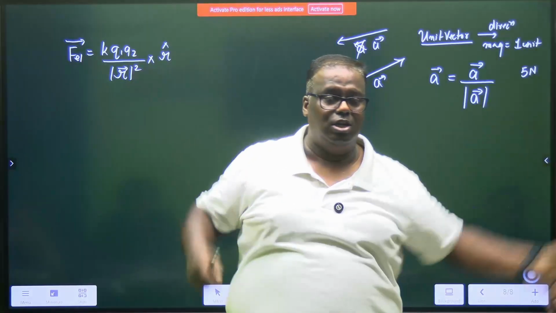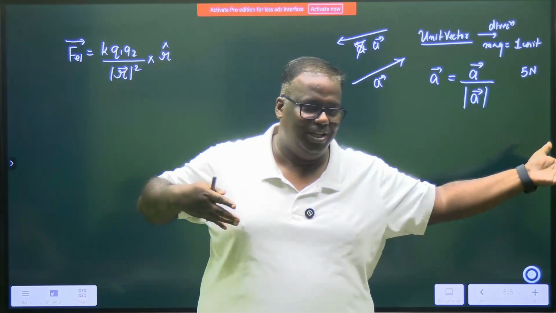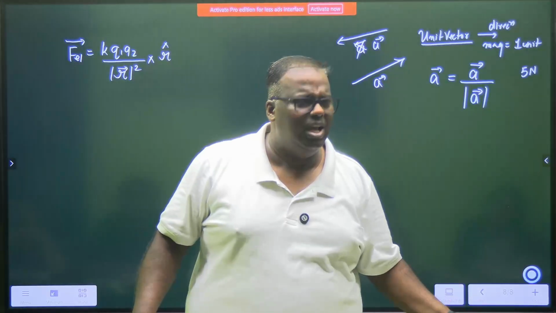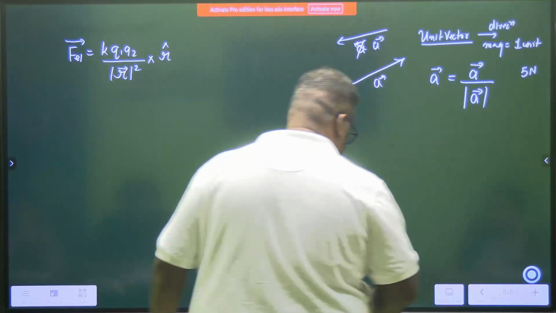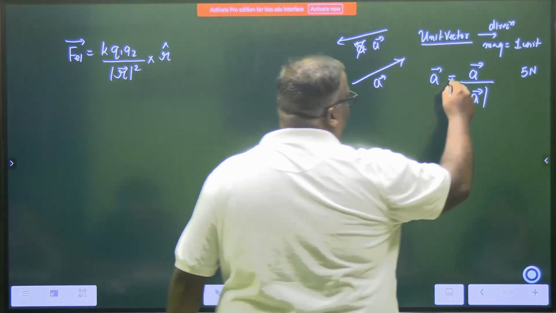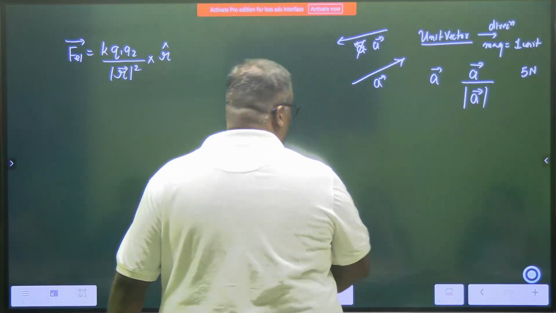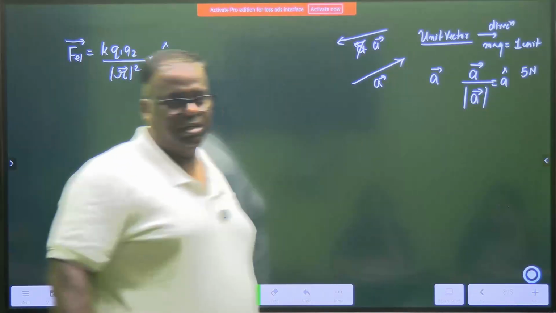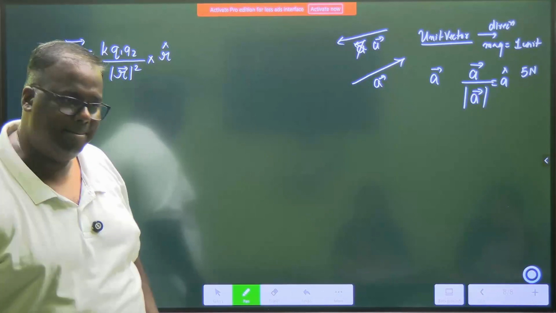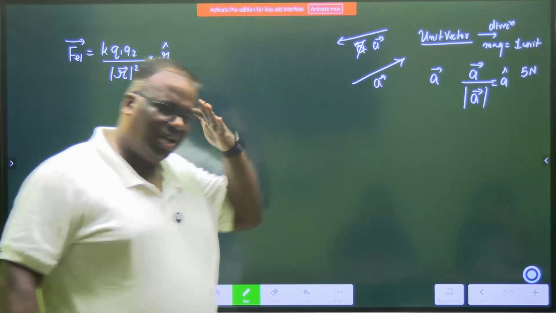You're doing a scalar multiple. Suppose I am a vector A, you multiply 5 with me, I become how much? 5A. Now you are multiplying 1 by 5 with me, so I become how much? 1A. Has my direction changed? No. This quantity will be known as A cap, which is the unit vector.